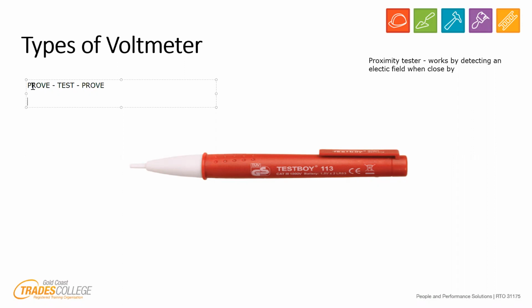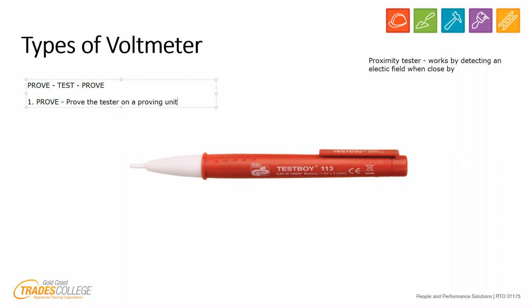Prove, test, prove. So step one, first prove, is to prove the tester on a proving unit. The proving unit is something you can purchase, which gives you a known voltage. The 230 volts is a special battery pack which simulates live testing.